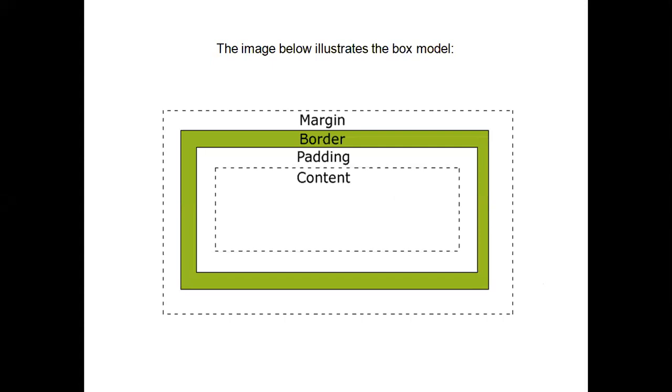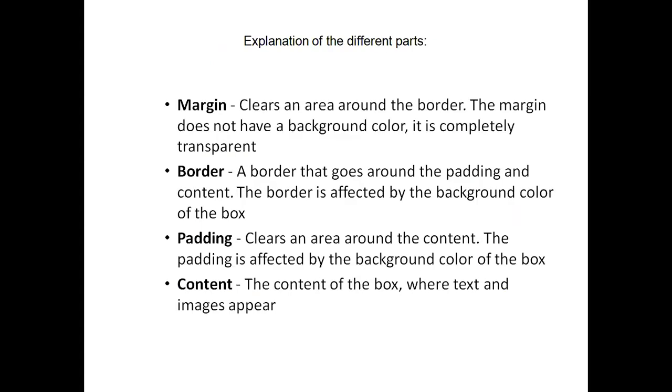We can wrap these HTML components in a single simple box model, and this box model contains four parts: margin, border, padding, and content. This is the simple view diagram of the box model.